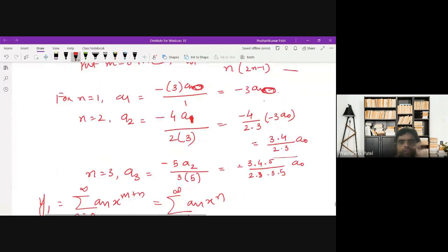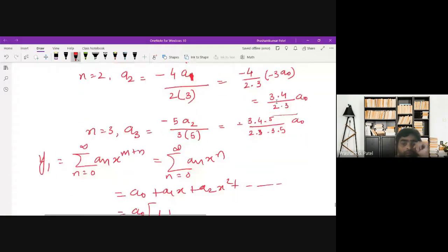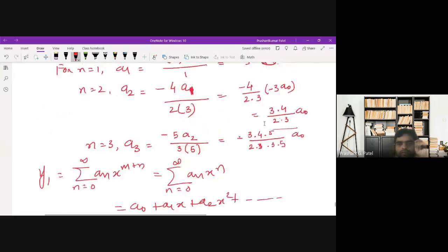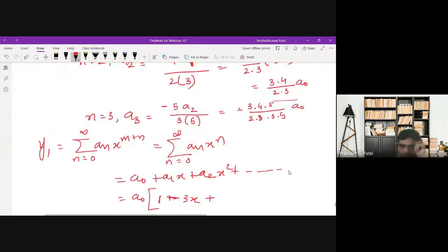The value of a1 is minus 3a0, so it is minus 3x, plus a2 which is 3 into 4 upon 2 into 3, x squared, then minus 3 into 4 into 5 upon 2 into 3, 3 into 5, x cubed, and so on. So this is the first solution, which is y1.